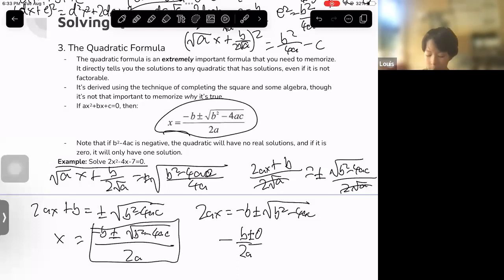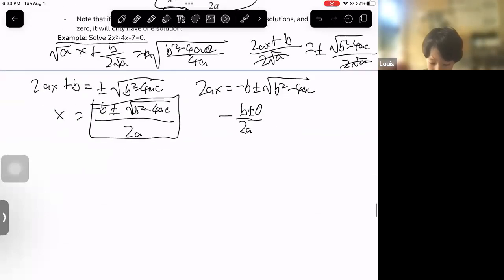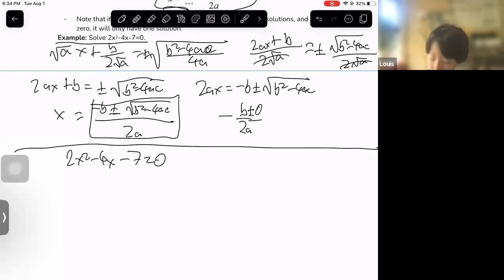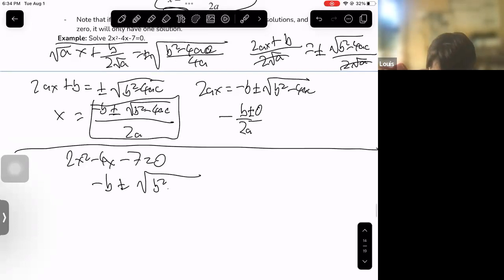Okay, so I'll go over this problem now. We're asked to find the zeros of 2x squared minus 4x minus 7 equals 0. So it's just a straightforward application of the quadratic formula, which states that x equals negative b plus minus the square root of b squared minus 4ac over 2a.